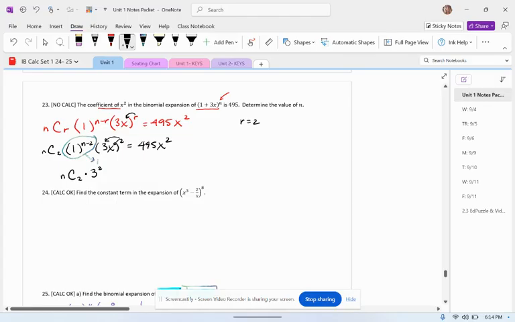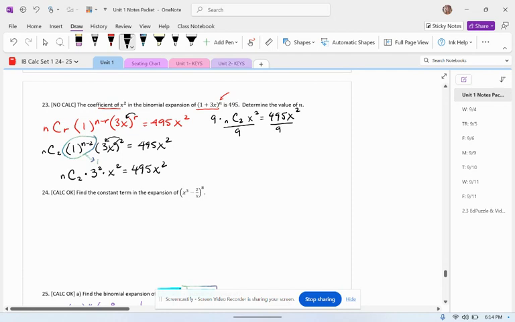I can also distribute it to the x. And I'm sort of getting somewhere here. I'm going to erase this for space. We know that r is 2. So now I have 9 times n choose 2 x squared is equal to 495x squared. Okay, I'm getting there.